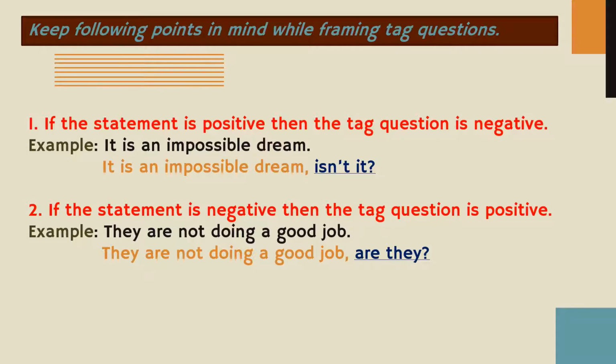And in the sentence, the helping verb is are. So, with the help of the helping verb, we are going to add a positive tag to the sentence. So, the tag added to the sentence is are they.